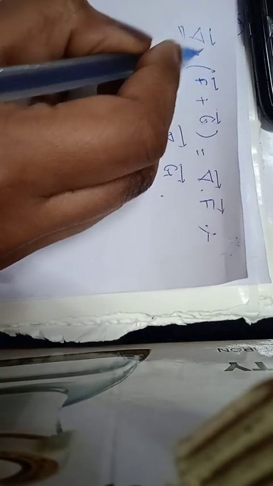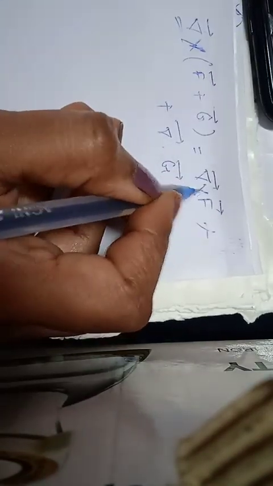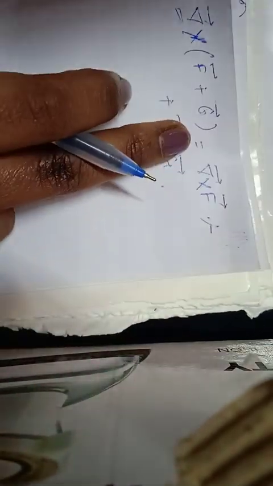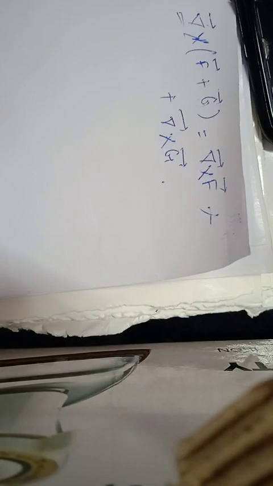Similarly, we can say it for curl also, that is nabla cross (f plus g) equals nabla cross f plus nabla cross g. So these are very preliminary and simple properties.